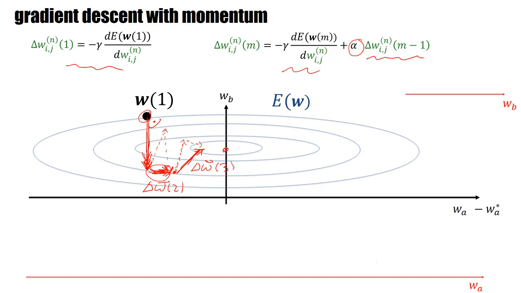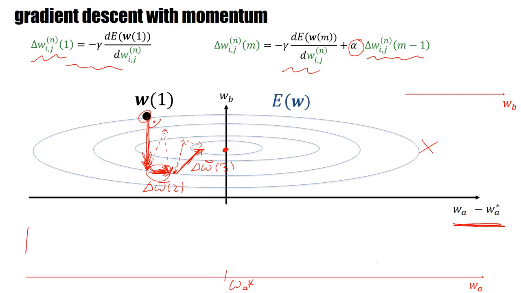The minimum is located here. I've picked out here an arbitrary weight called WA. It's one of these many weights that I have in my network. And this would be the position WA star, the optimum. Now, this plot here is the plot with contour lines. I can do 2 dimensions at once.